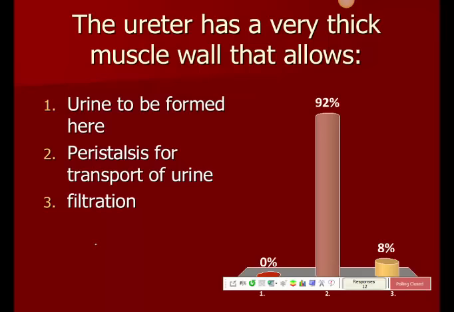Filtration occurs way up in the glomerulus, in the kidney. It transports it, and transport is by peristalsis. So actually the urine falling into the bladder falls drop by drop. Otherwise, if the urine went like a big gush, you'd be going to the bathroom every now and then. So it falls drop by drop so that the bladder takes some time to fill.